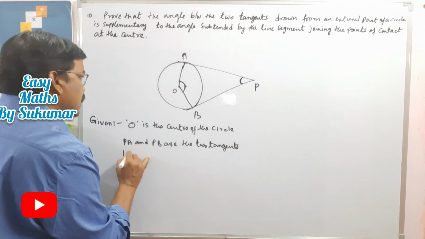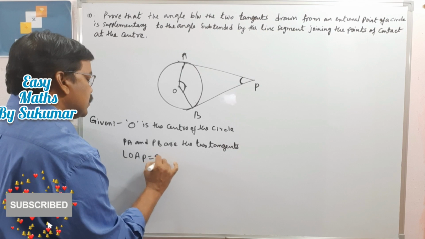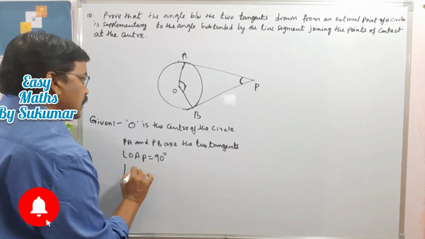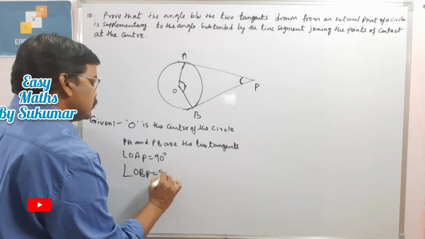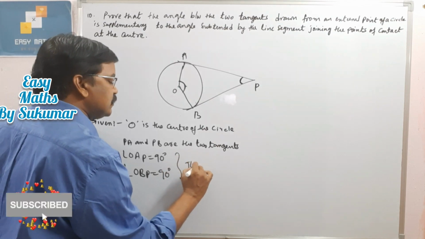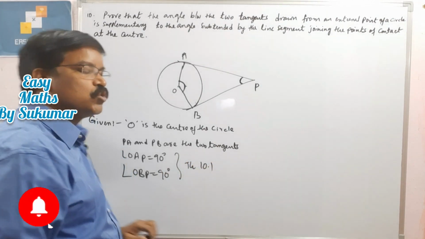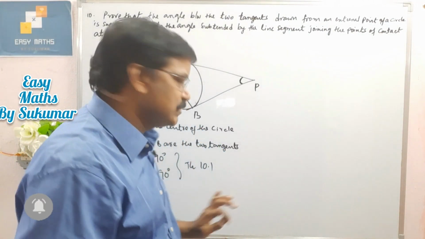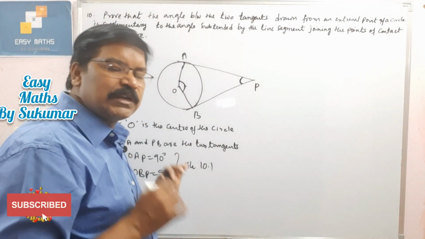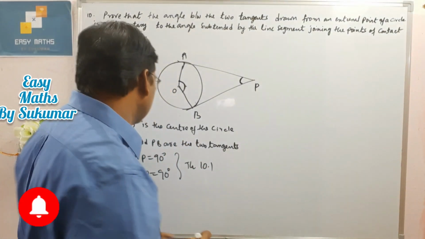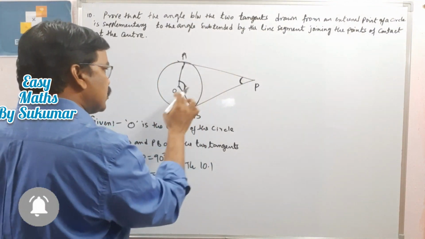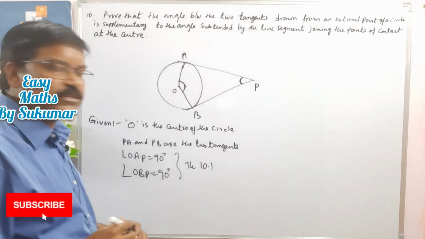Here you know that angle OAP is equal to 90 degrees. Similarly, angle OBP is also 90 degrees. Why? Because of theorem 10.1. So many times I have been repeating this theorem 10.1, so many times we have used it, right? So angle OAP is 90 and angle OBP is also 90 degrees.